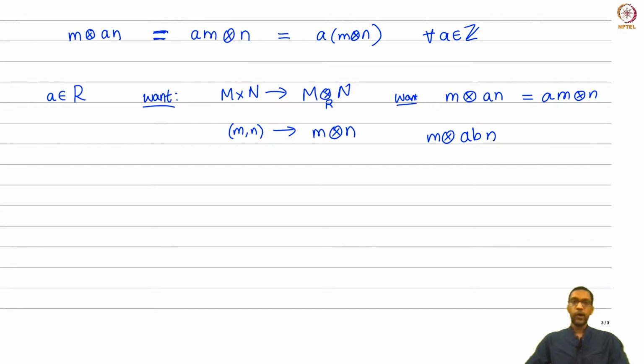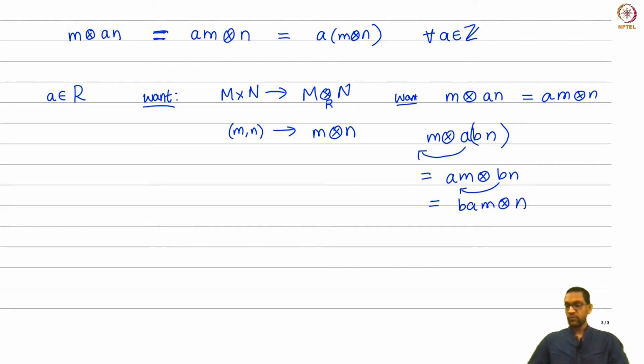Now the point is, suppose I want this to be true, but imagine what would happen if you multiplied n by a product of two scalars, okay. Then this wish list, the thing that we want to be true, will imply the following. First, I can push the a out, okay, because ab of n is just a acting on bn. So this will just give me am tensor bn, and again I can do the same thing. I will get bam tensor n, okay.